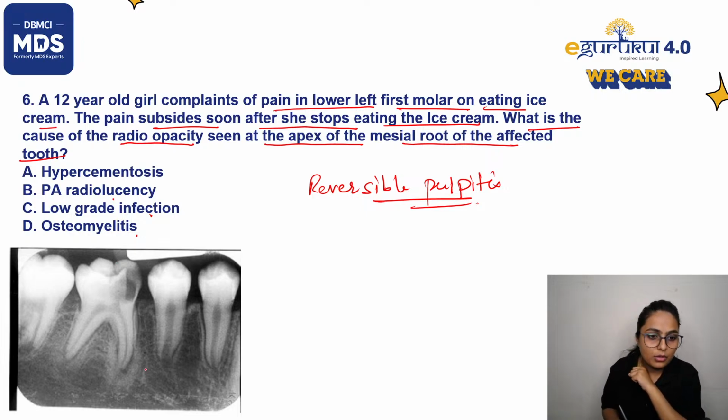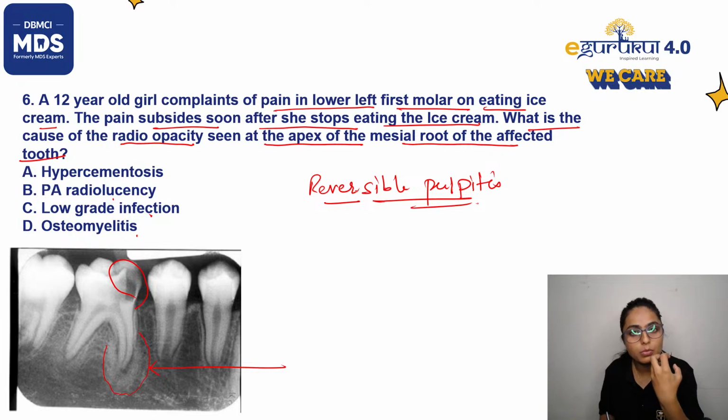Now, if you look at the radiograph, you can appreciate the opacity surrounding the mesial root. There is a mesial caries involving pulp. So whenever the patient is having ice cream, she is having pain, and the pain subsides after she stops eating the ice cream.